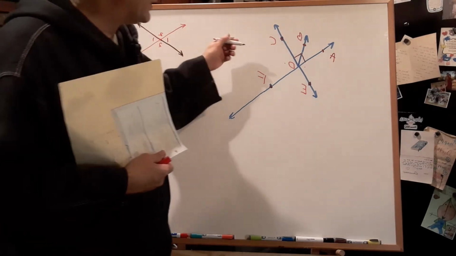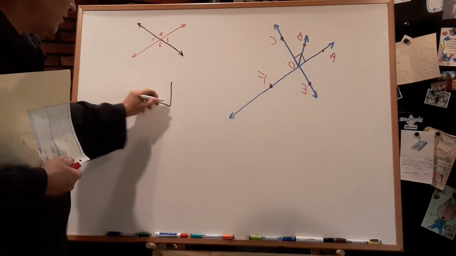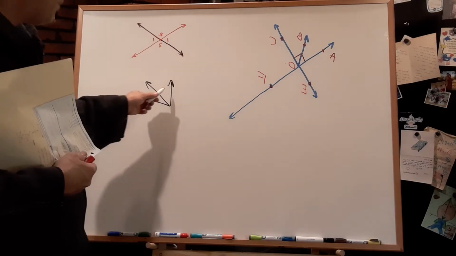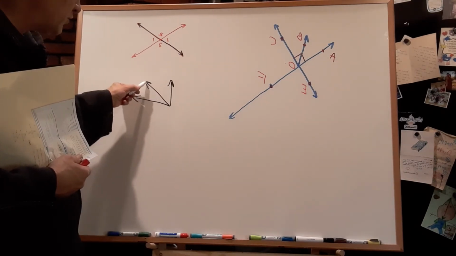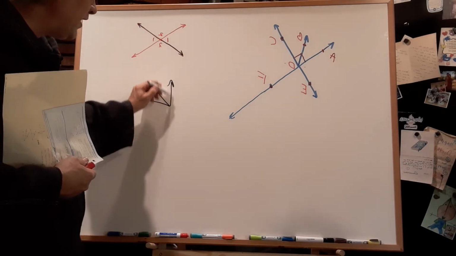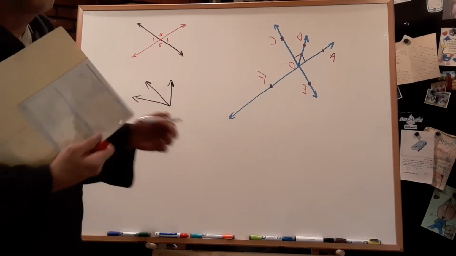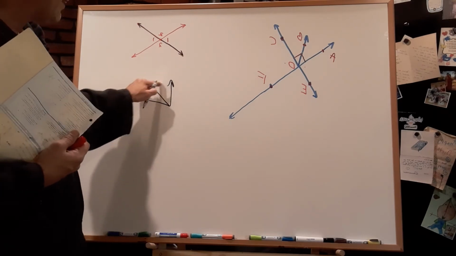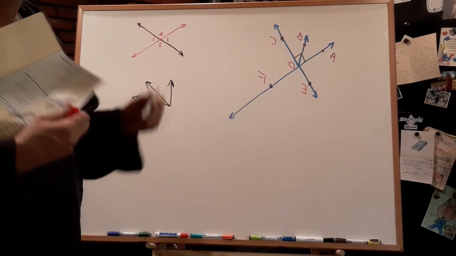All right, so for instance, if we have this setup, these are adjacent angles, and they share this ray, but these two rays they don't share, but they're also not opposite rays, so these are not linear pairs. Think linear, remember?